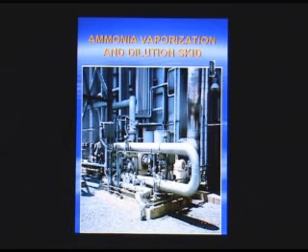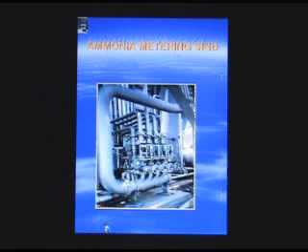This is sometimes modeled to ensure uniform distribution. Otherwise, if you have too much ammonia going into one area, you might have ammonia drift, which will then cause more problems downstream. So that is a design issue that has to be considered.